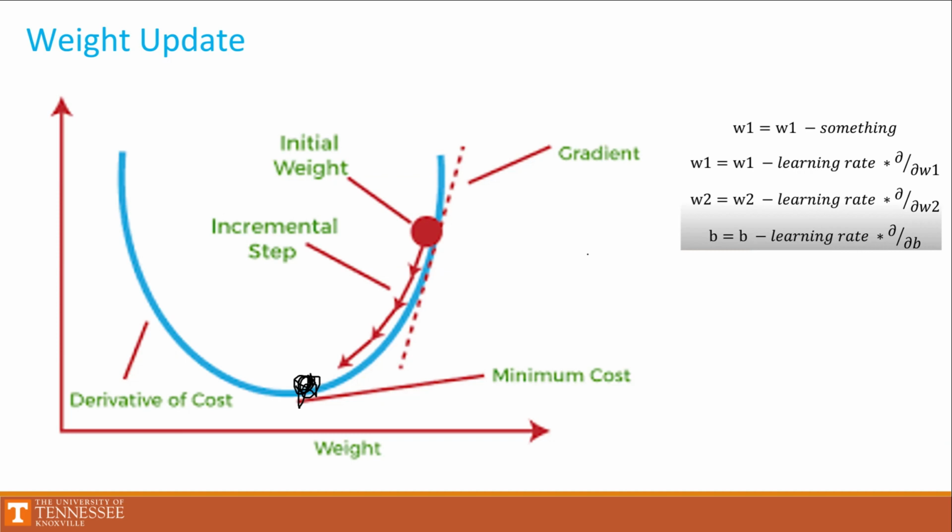People get confused: why are we plotting with respect to weight? You can also plot with respect to bias. You can also plot with respect to your final predicted value. And these are the curves that you would get. And you simply want to go to here. And these are the equations that a computer follows to get you from here to here.